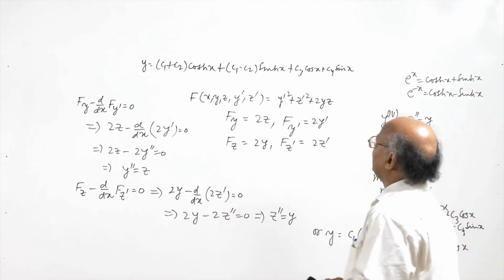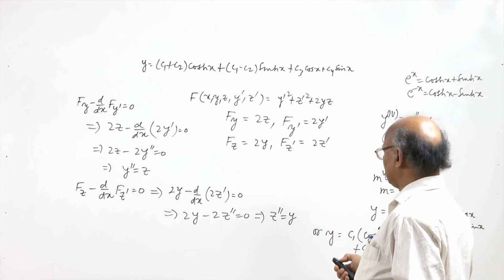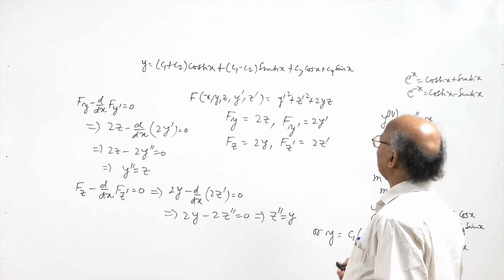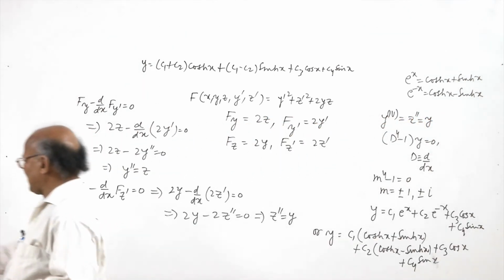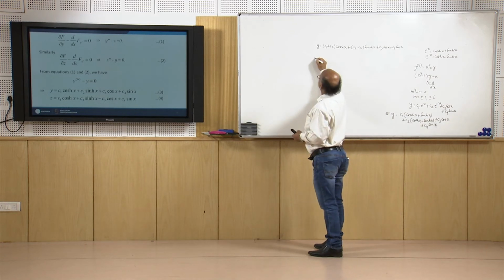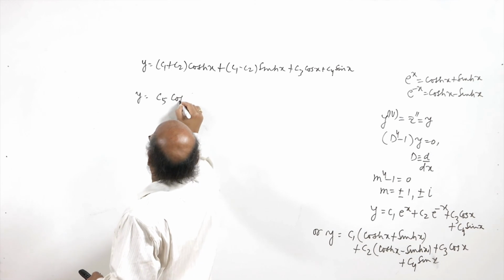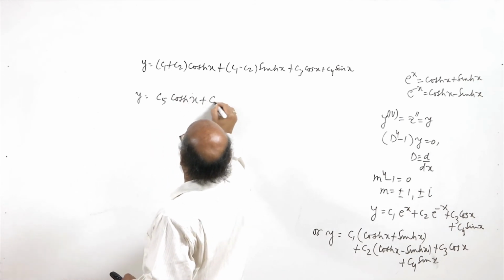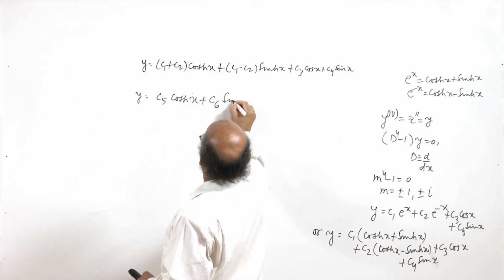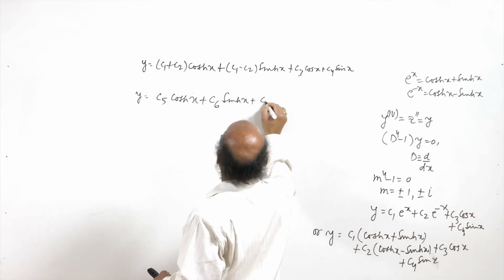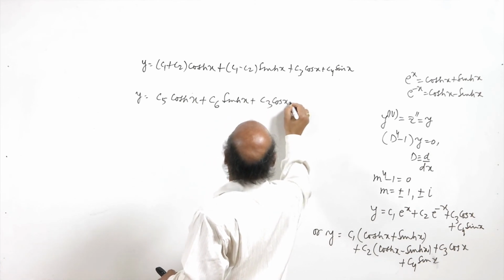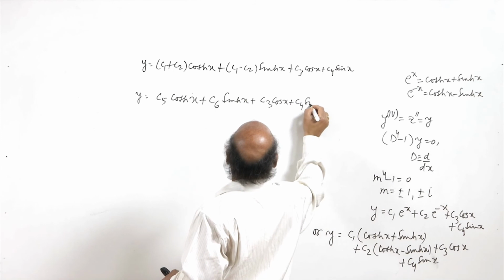Now C1 plus C2 and C1 minus C2 can be replaced by new arbitrary constants, and then we can write y equal to C5 cosh x plus C6 sinh x plus C3 cos x plus C4 sin x.